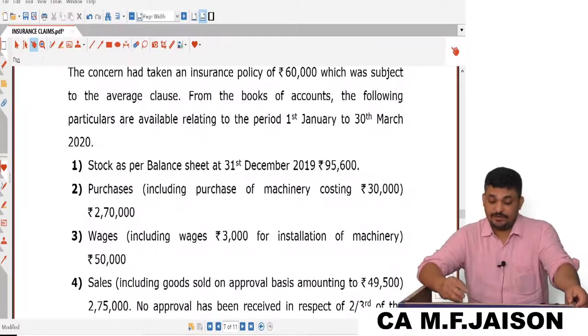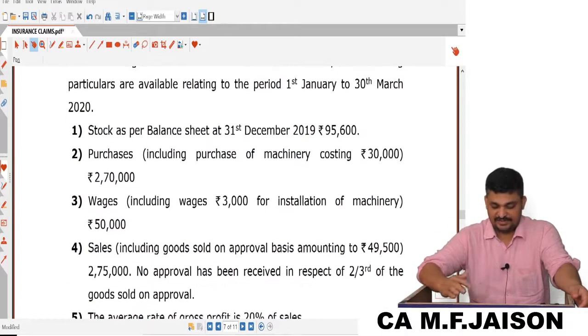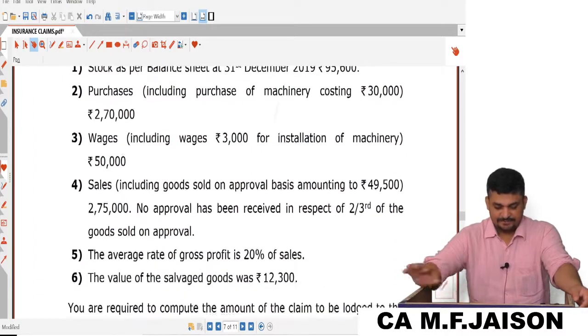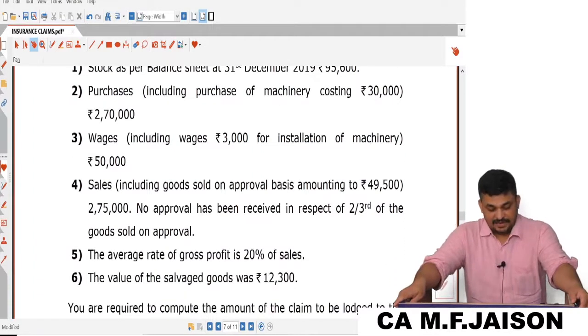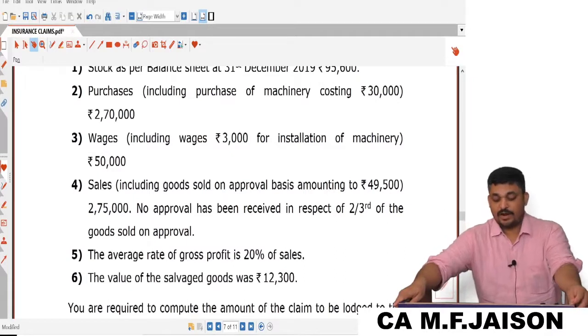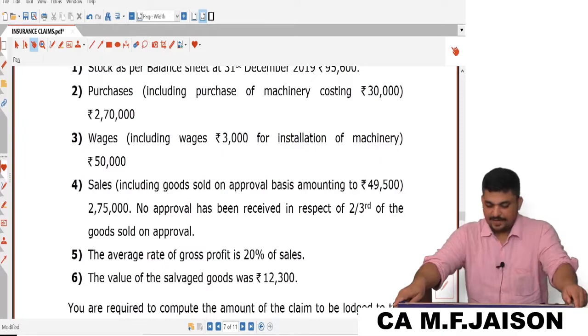Purchases include purchase of machinery, like this capital expenditure included. I have told you it should be eliminated by deducting from purchases. Wages include installation cost, you should know it should be deducted. Sales include goods sold on approval basis, rupees 49,500, out of the total of 2,75,000.